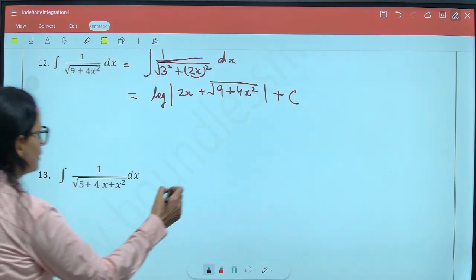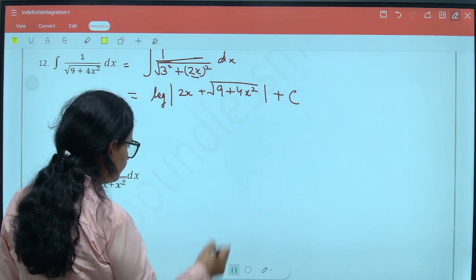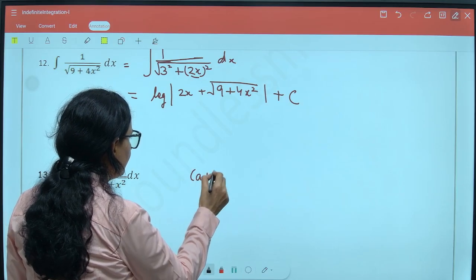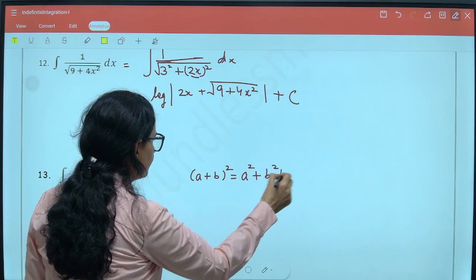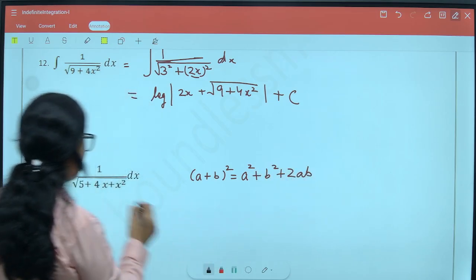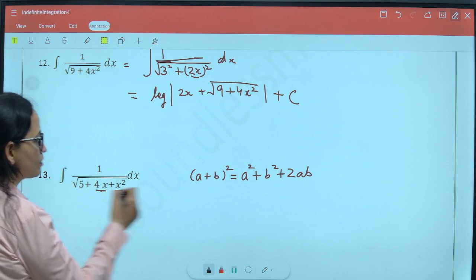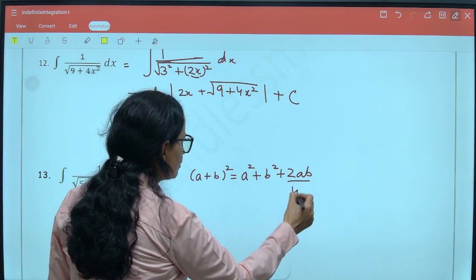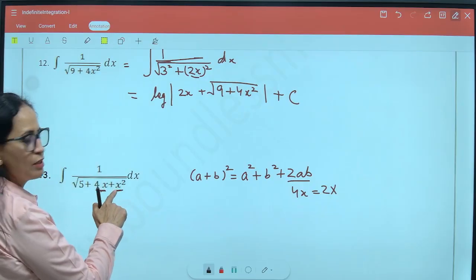Now we know the first identity, a plus b whole square. What is a plus b whole square? A plus b whole square is a square plus b square plus 2ab. Here you have the square term x square and you have 4x. This is in place of 2ab. So 4x is 2 into x into dash, since one of the terms is x and there is no coefficient.